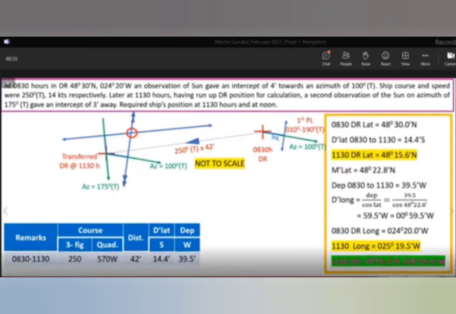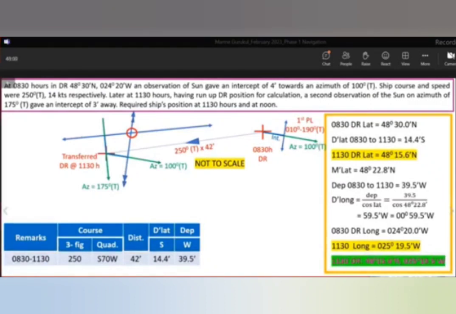So you see beta, we have done the calculation part. We have obtained the DR for 1130 and now we are ready to go into plotting. So any doubts up to here?